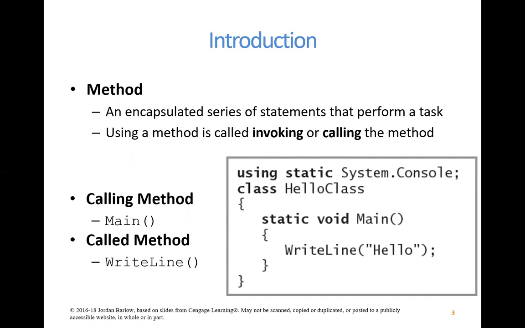So we both created a method, the static void main method, and we invoked a method that was written by someone else. When we use the WriteLine method, we are invoking that method.